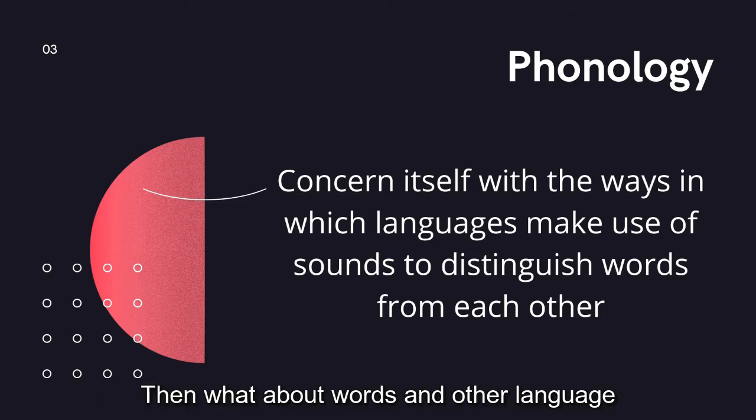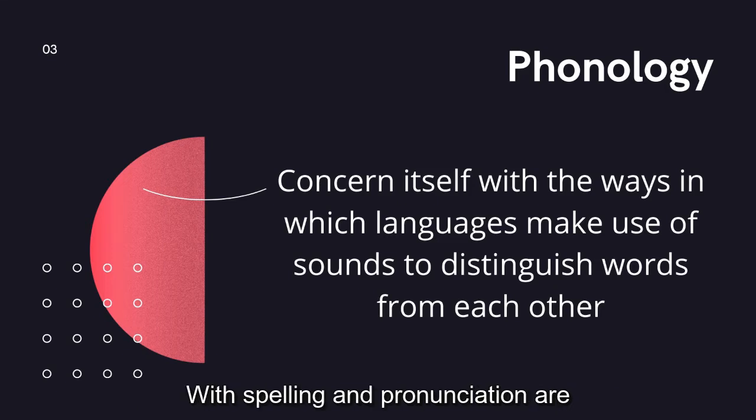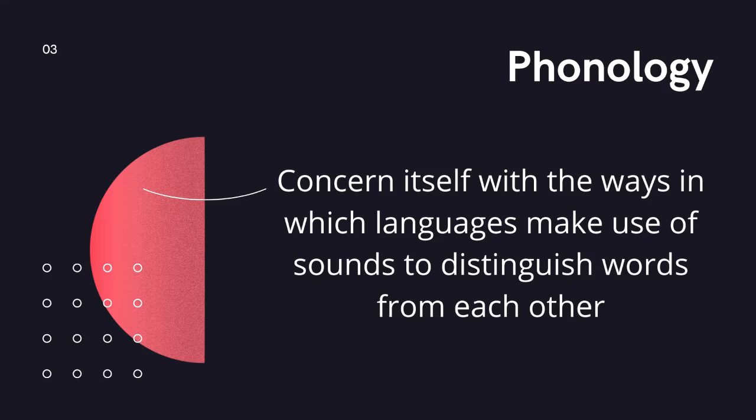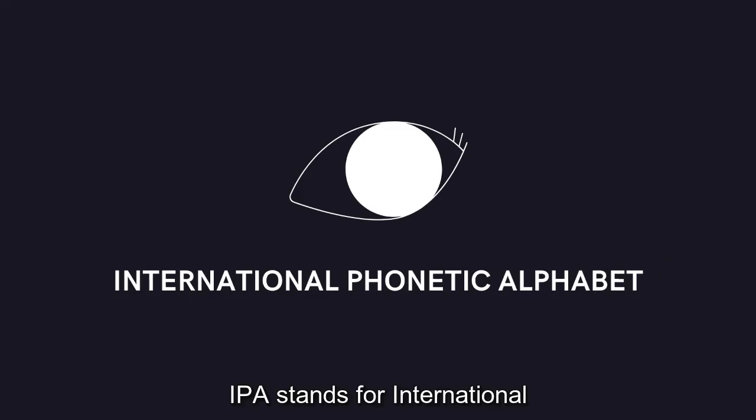Then, what about words and other languages whose spelling and pronunciation are unclear to us? For that, we have the IPA. IPA stands for International Phonetic Alphabet.